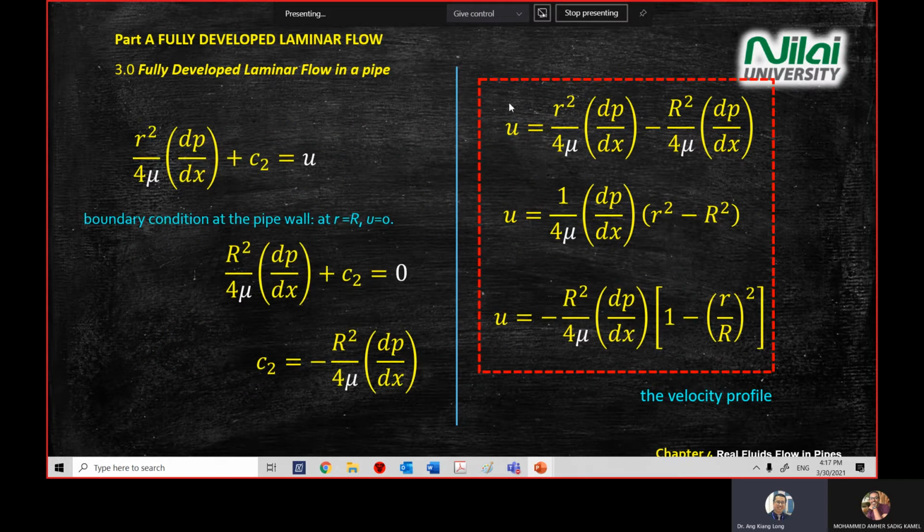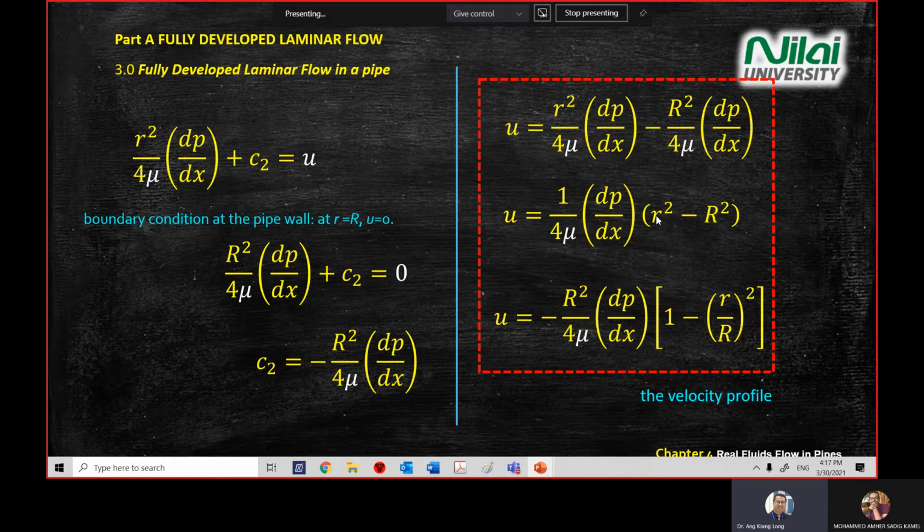All right. So if you want to calculate the velocity u in a pipe, you are free to use any of these three, depending on the type of question you have. Normally you will see the second type and the third type of question.